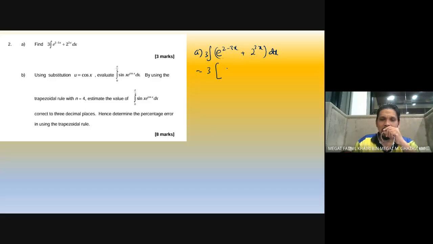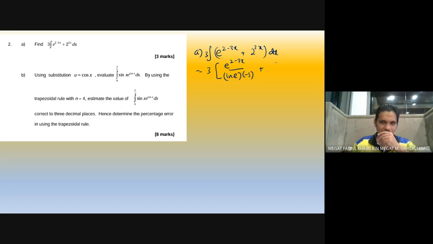Integrating e power of 2 minus 3x gives e power of 2 minus 3x divided by natural log of e, and then differentiating 2 minus 3x gives negative 3.